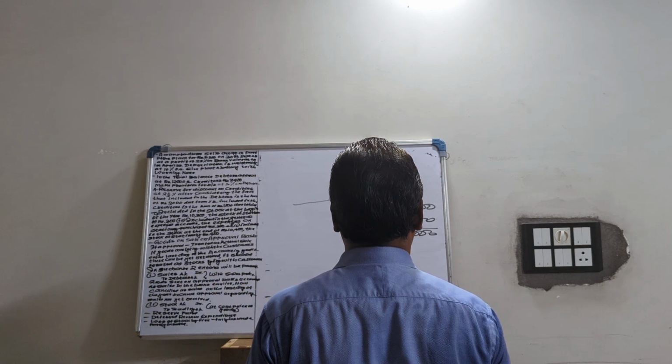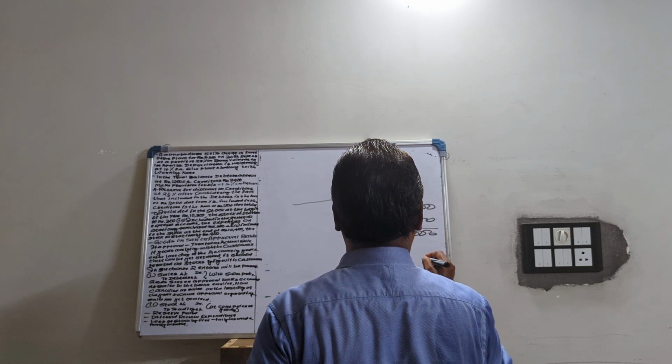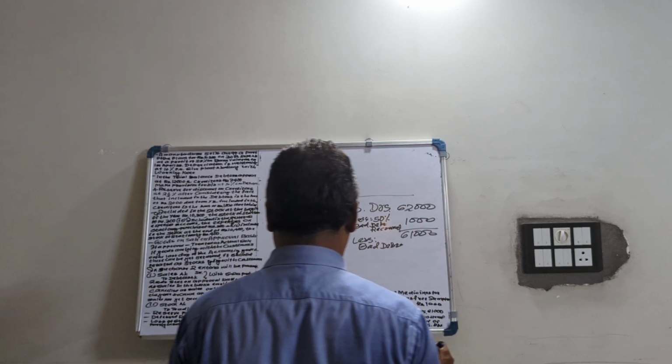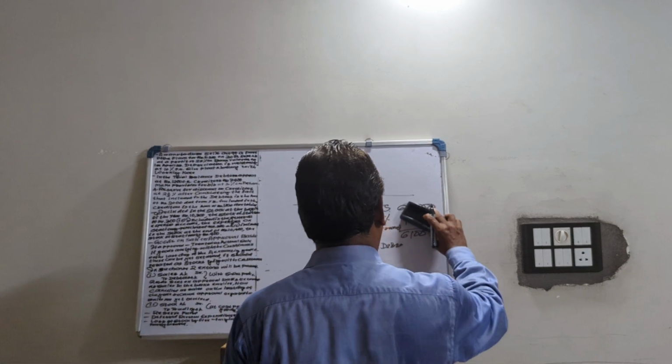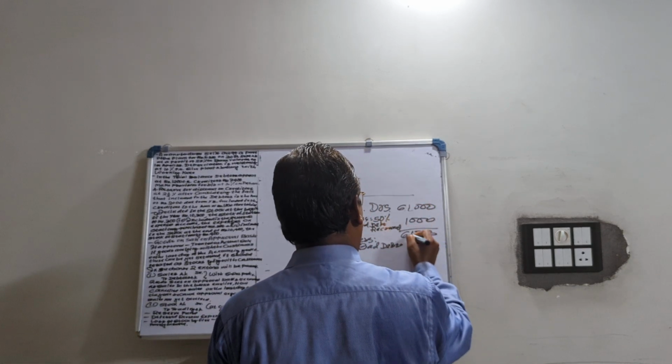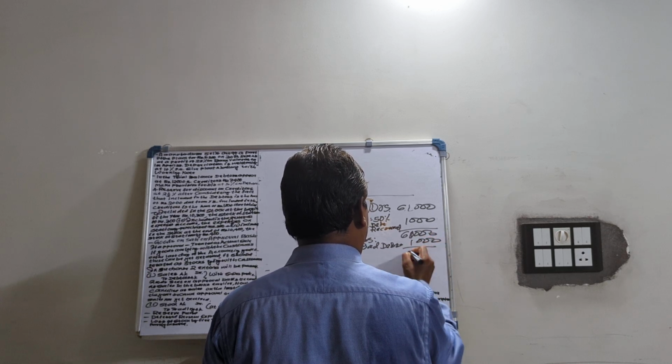From 62,000, he had deducted 1,000, this is 61,000. So 61,000 minus 1,000, 60,000. Then less bad debt 1,000, it is 59,000.